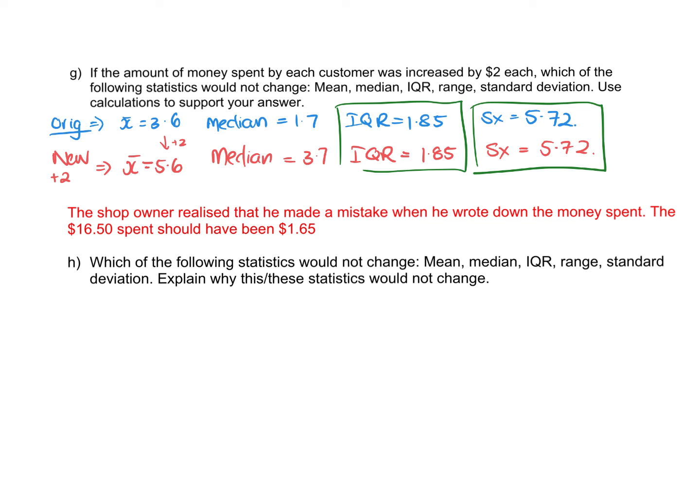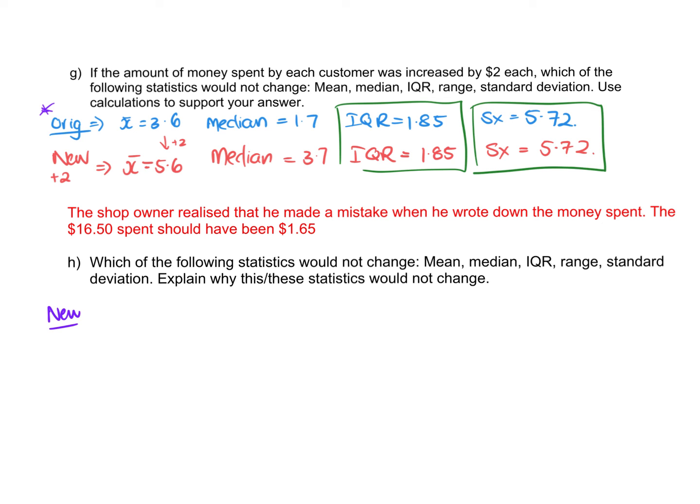Had it not changed and it was still the largest, if I made a change and it was still the largest, it would not affect the median. But in this case, it does. So sometimes you've got to be really careful and think about how it does. So once again, I've just put the new stats and we can see the originals up there.